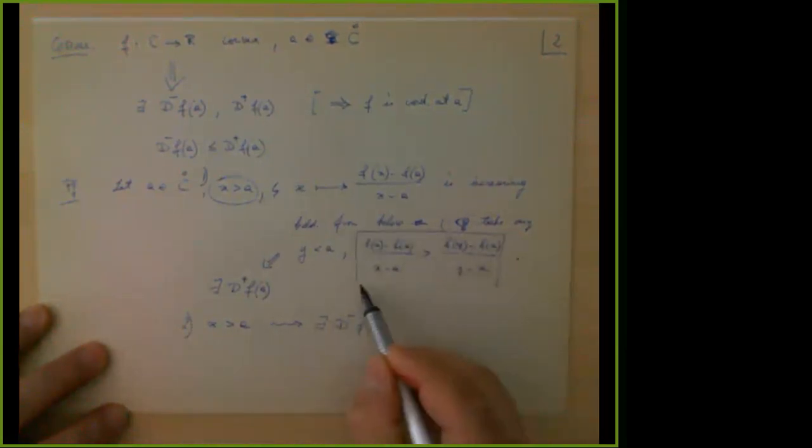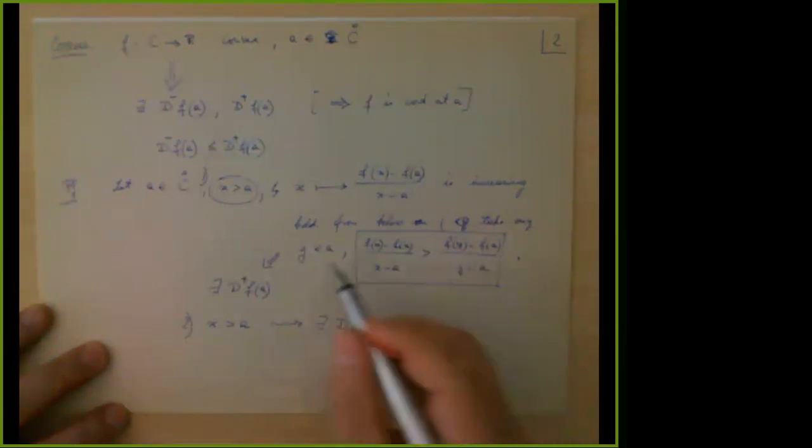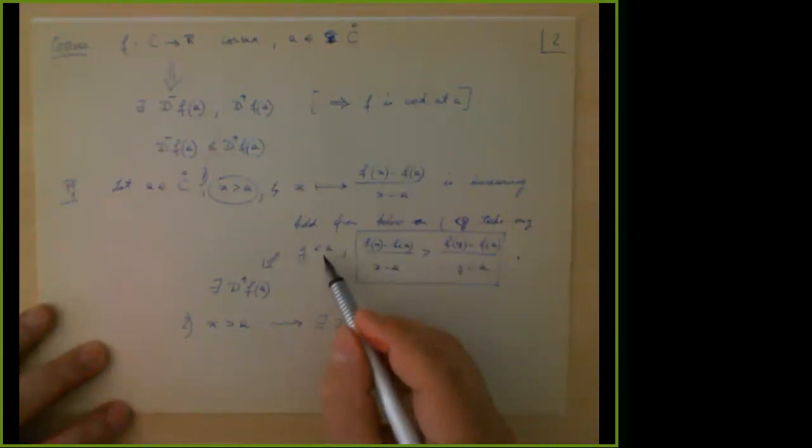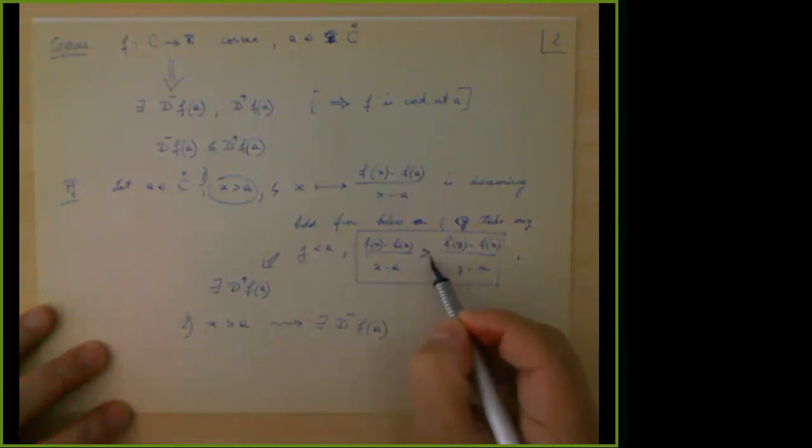Moreover, now we have the proof of existence, but we need to prove this relation. So what does this relation mean? This is true for all y less than A. So you see that this immediately implies that (f(y) minus f(A)) over (y minus A) is dominated by d plus f(A), right?